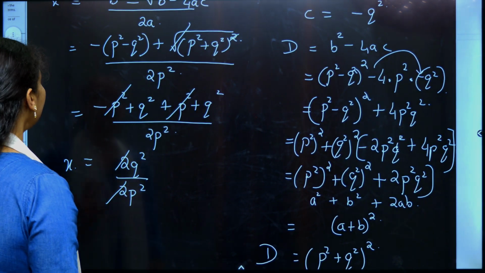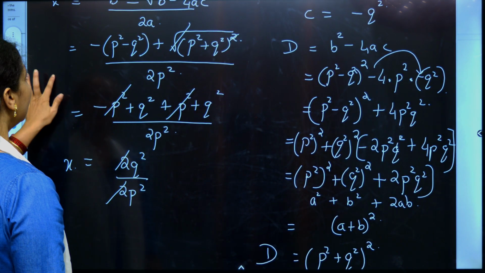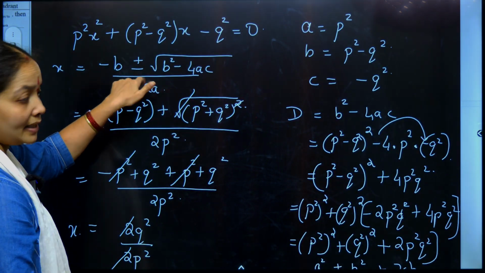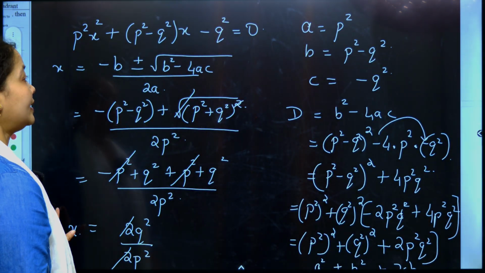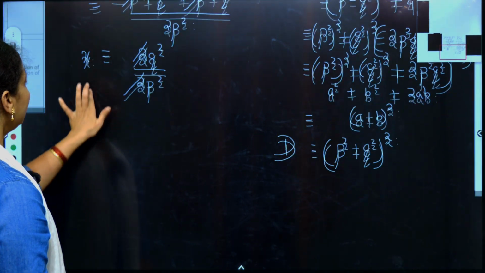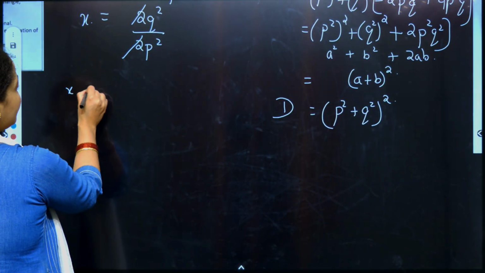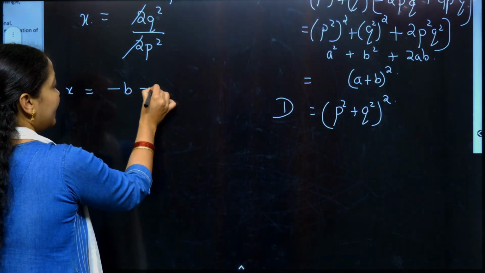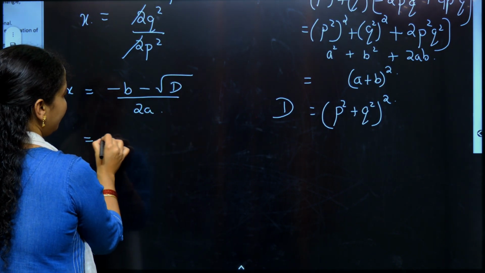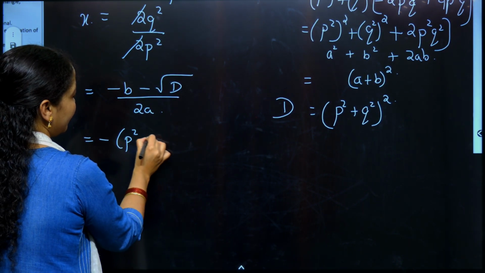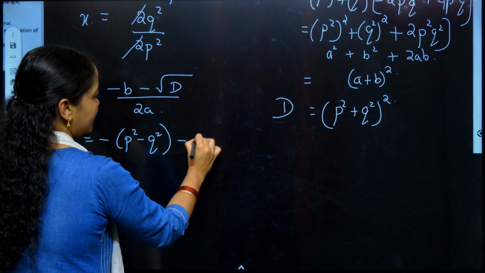When I got the first x value, I took minus b, and plus or minus is the formula, I took plus here. When I am taking negative, let us see what is happening. So x can also be equal to minus b minus root d by 2a. What was b? Negative of p square minus q square. What is d?